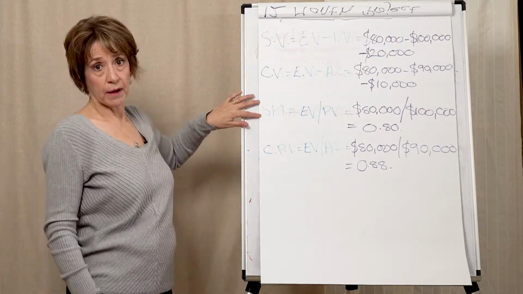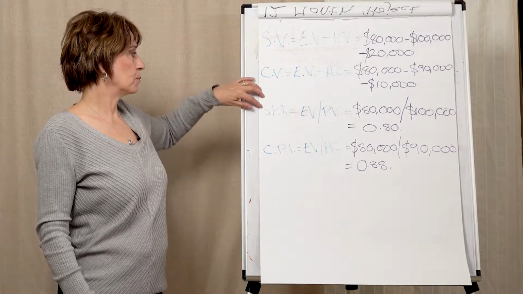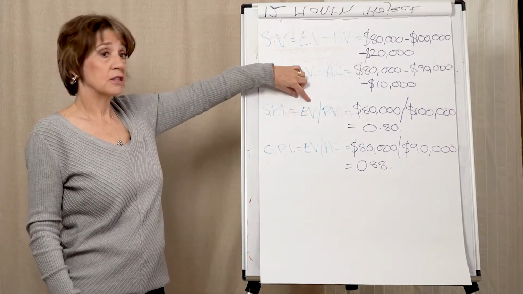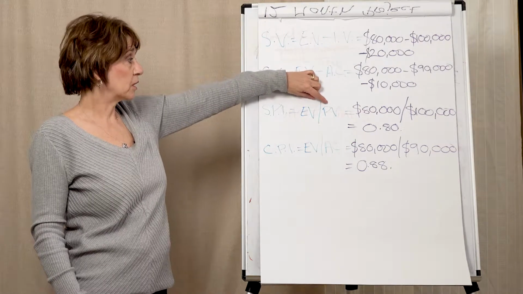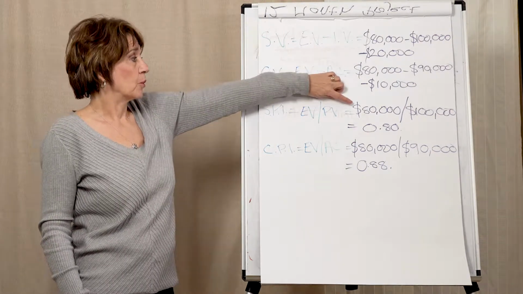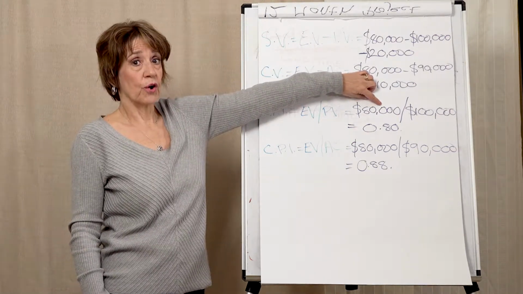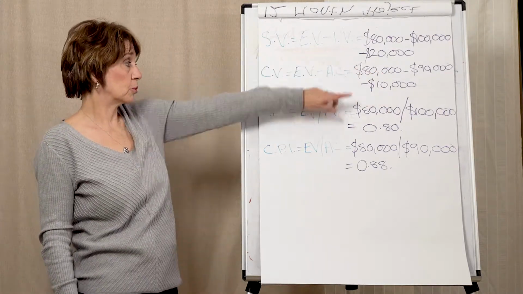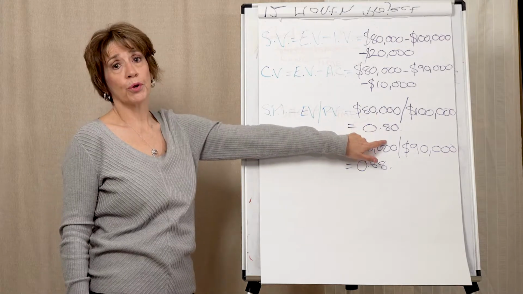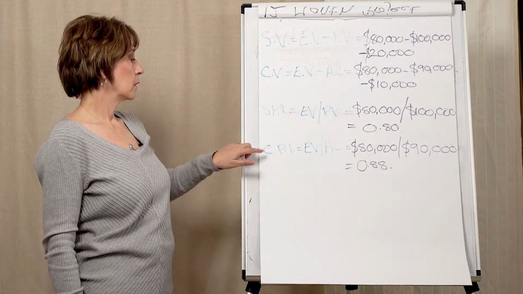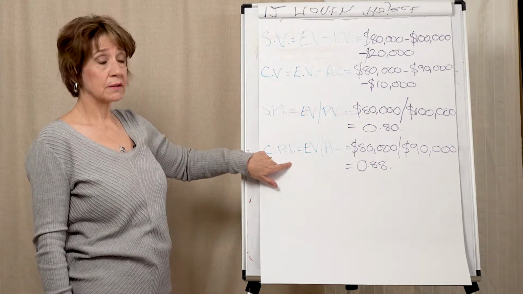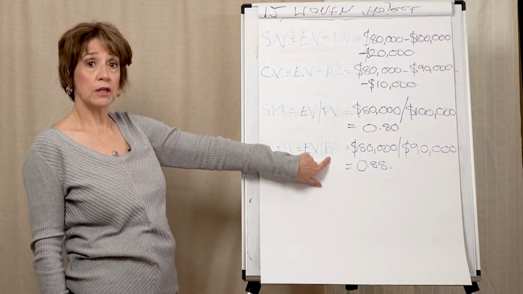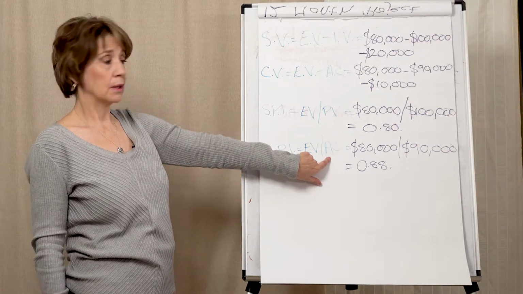Now your SPI, your Schedule Performance Index, this is your earned value divided by your planned value. So here it's showing you that you've got 80,000 divided by your 100,000 original budget. That's giving you 0.80. Your cost performance index, that's your earned value divided by your actual cost.